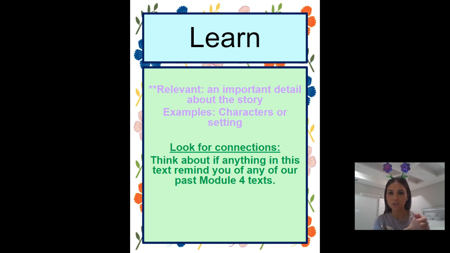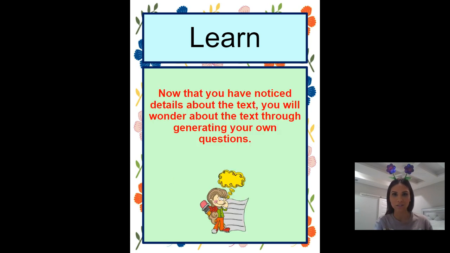Look for connections and think about whether anything in this text reminded you of our past Module 4 texts. Does it remind you of any other Cinderella story? The lost shoe, magic, stepmother, stepsister. Good, boys and girls, making those connections.